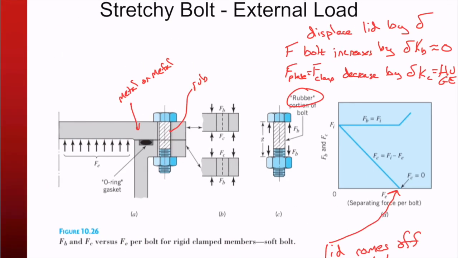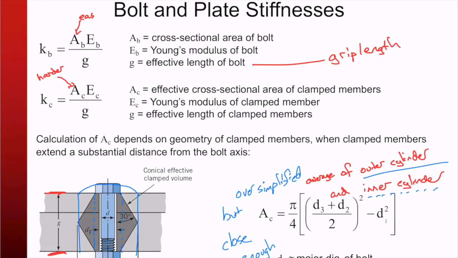Why is that? Because if we go back here, this area is pretty big, and this area is pretty small. So if we have a lot of area here, that's going to be stiffer than the little bit of area there.